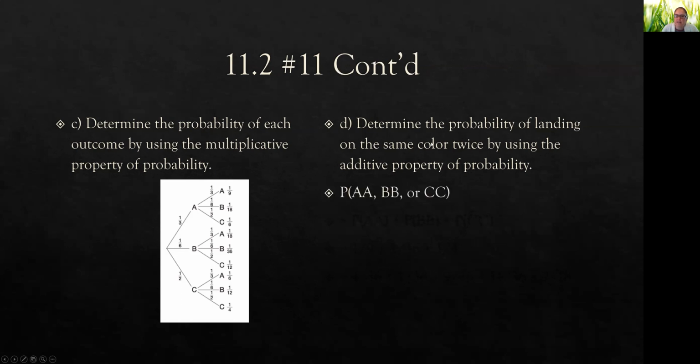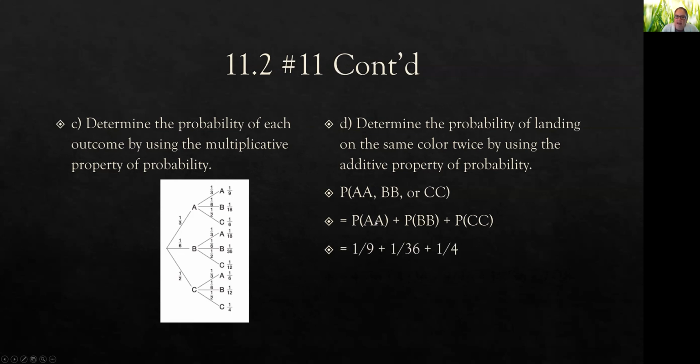So getting the same color twice means you land on section A and then A, or B and then B, or C and then C. The additive property says this probability we can get by just adding. So we find the probability of AA plus the probability of BB plus the probability of CC.